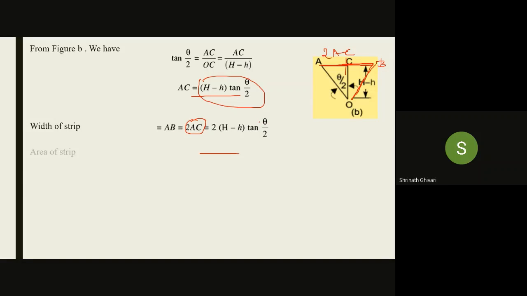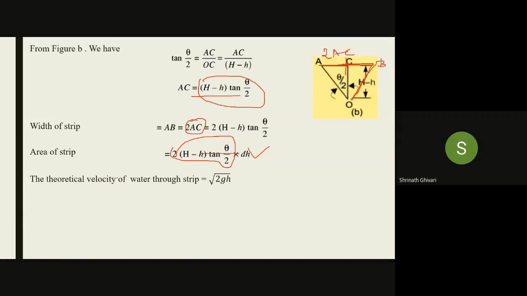Now what will be the area of this strip? That will be AB into dh, so 2 into H minus h into tan theta by 2 into dh. Now the theoretical velocity of water through the strip is square root of 2gh.